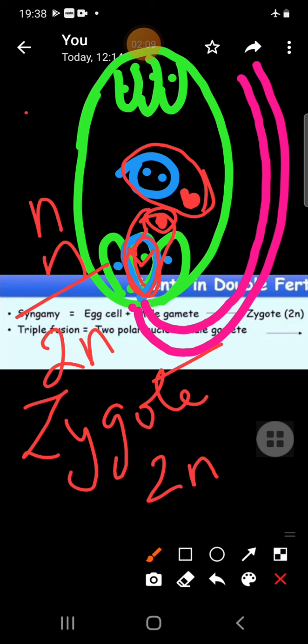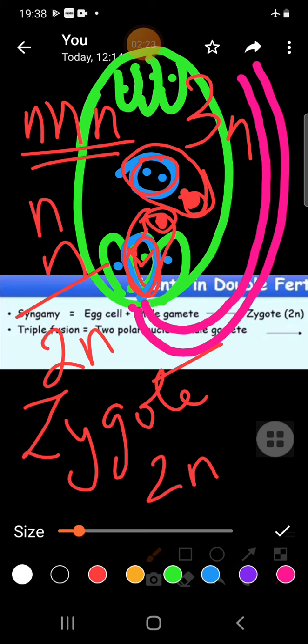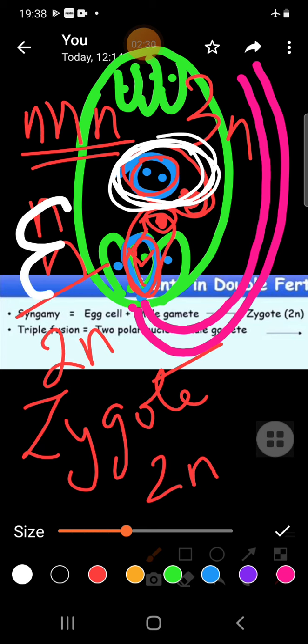Then how many n would be there? 1, 2 for this and 1n for this. Total how much would be? 3n. So it's a triploid structure which is going to be formed. So now you have to remember जो center में structure बना है ये है हमारा endosperm.